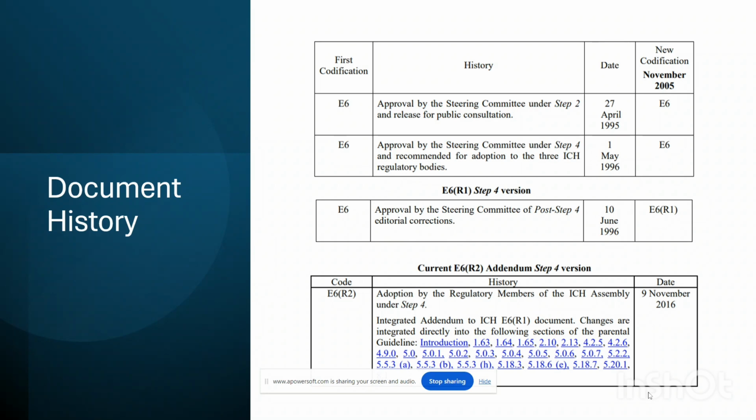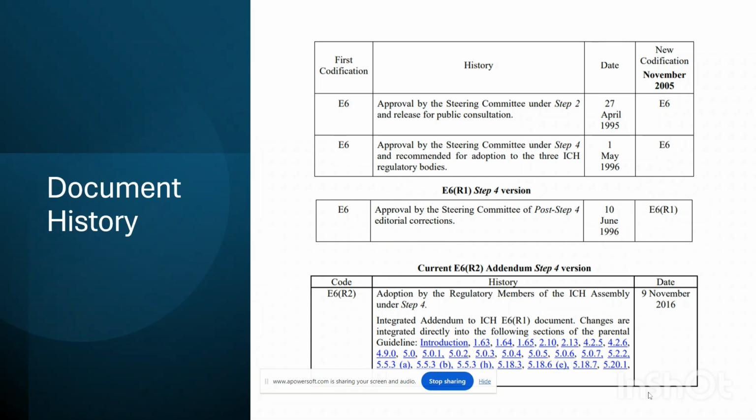And in May 1996, the GCP guideline got approval by the steering committee and was recommended for adoption to the three ICH regulatory bodies. The first final version of the ICH GCP guideline was published on 10 June 1996.